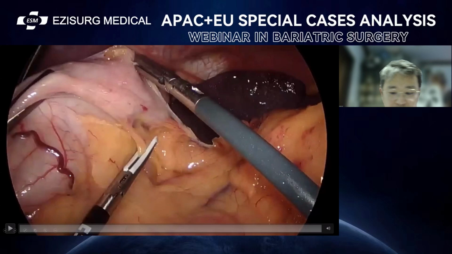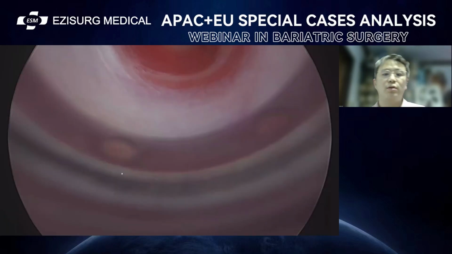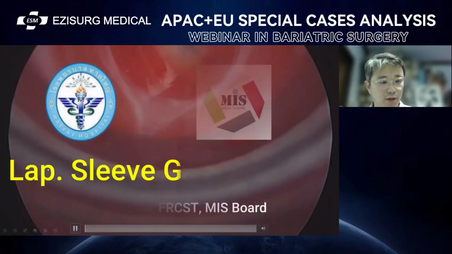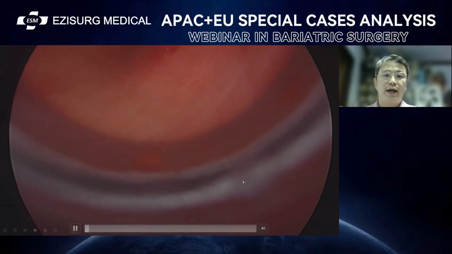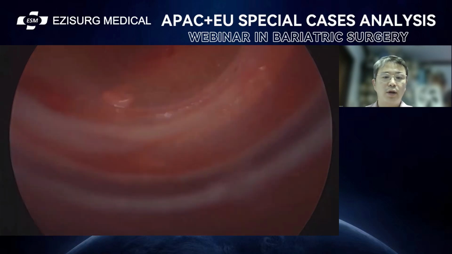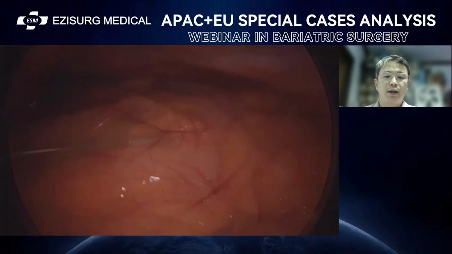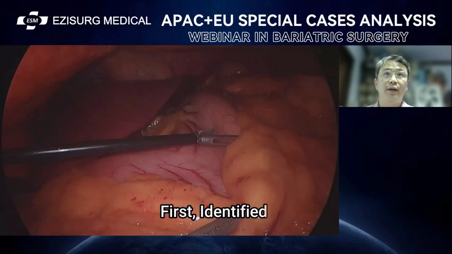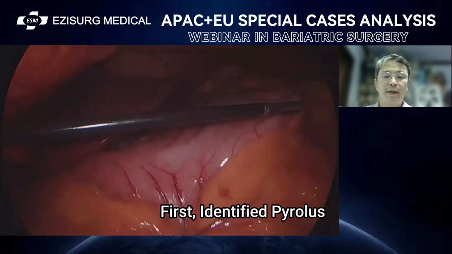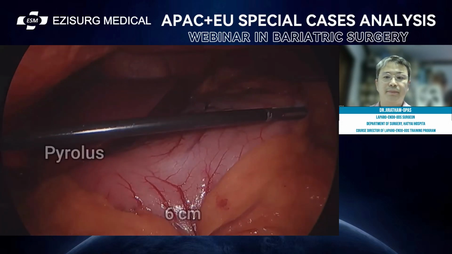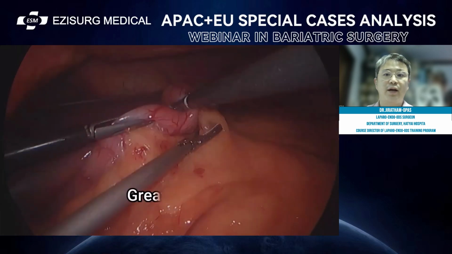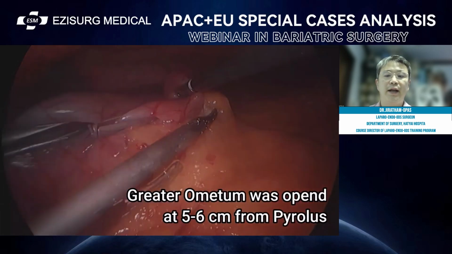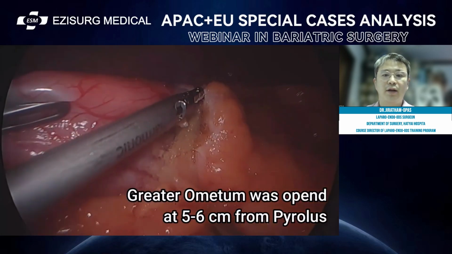we start with the same procedure every time. I put the 10 mm port at the right paramedian, pararectus, and another 10 mm port on the right pararectus, a 5 mm port on the right upper, and a 5 mm port on the left upper.